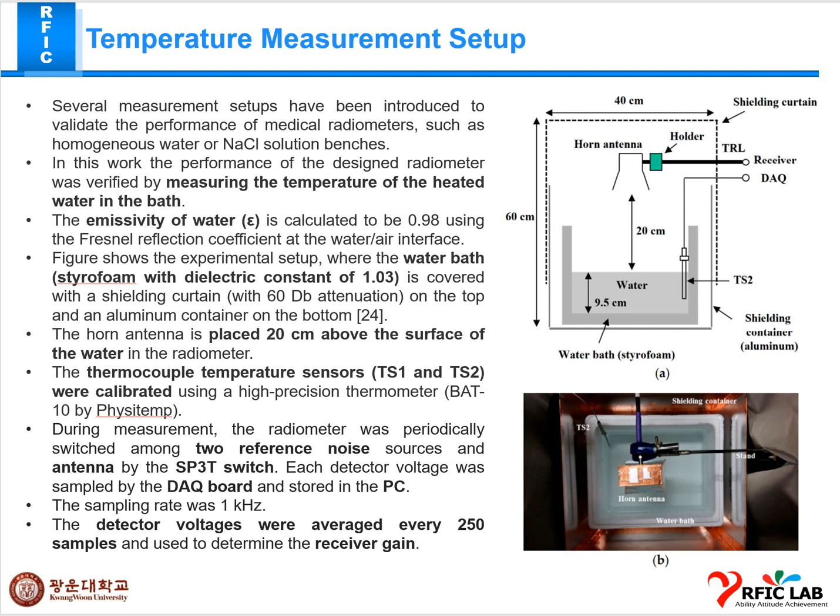You can see the data on the personal computer. The sampling rate was 1 gigahertz. Detector voltages were averaged over 250 samples, and determine the receiver gain also.